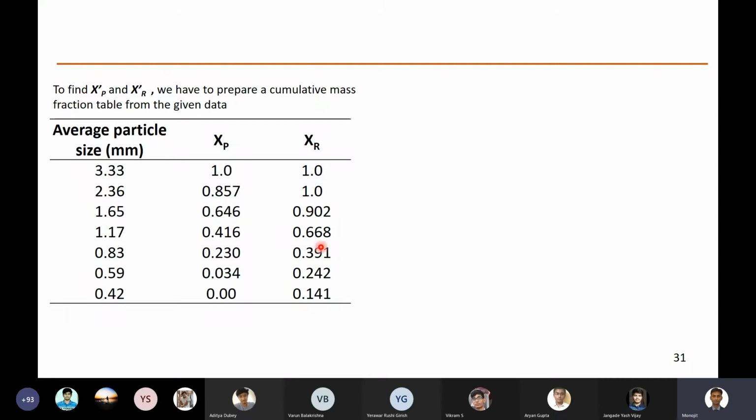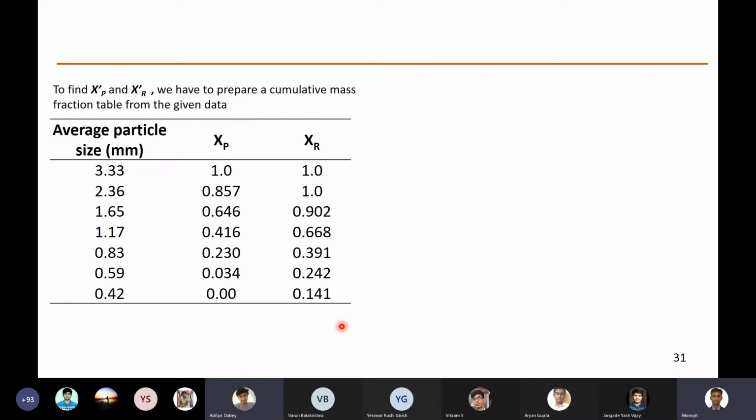What would be the weight? Listen to my question again. I want the total weight of particle which is having size equal to or greater than 2.36, not 2.33, millimeter. The top one.